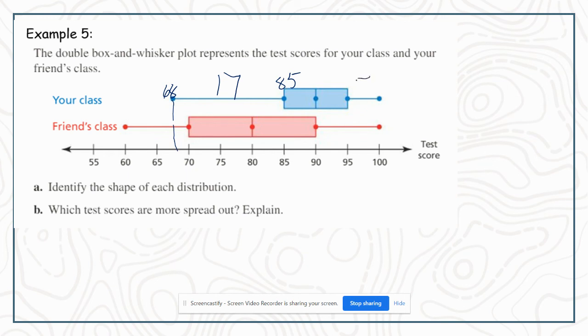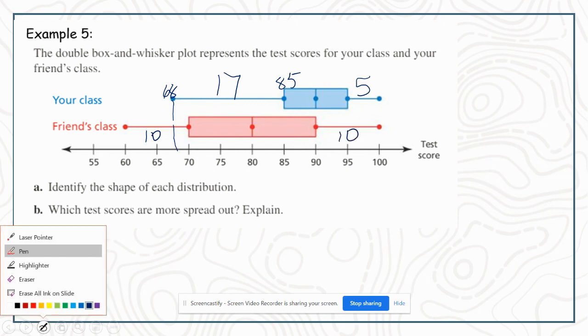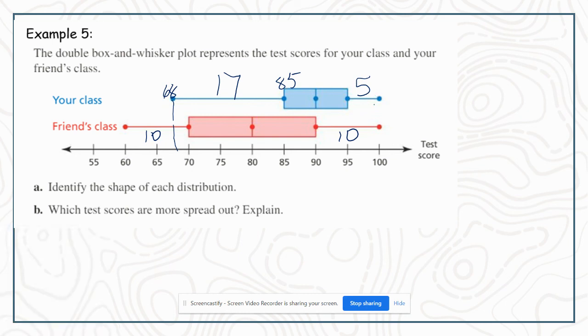And then 95 to 100, which is 5. For our friend's class, our left whisker, 60 to 70, is 10, and 90 to 100 is 10. So we can clearly see, not only from the shape and length of the whiskers visually, but also by the numbers, that our class is skewed left and our friend's class is symmetrical.